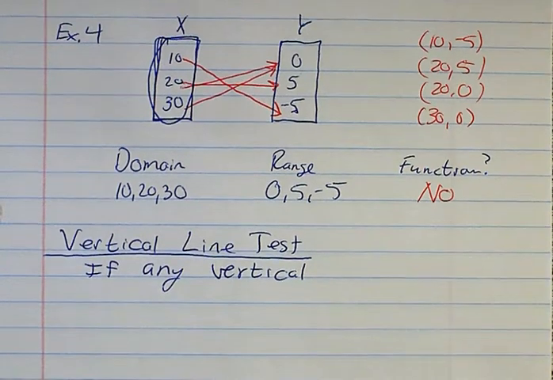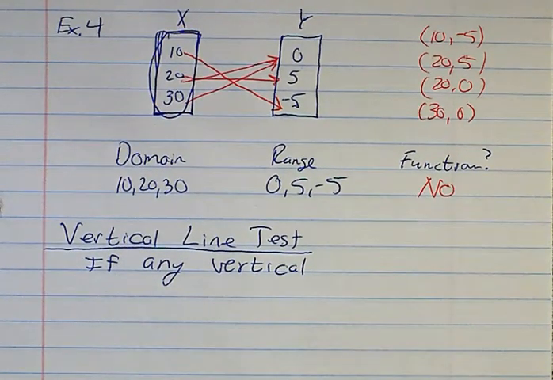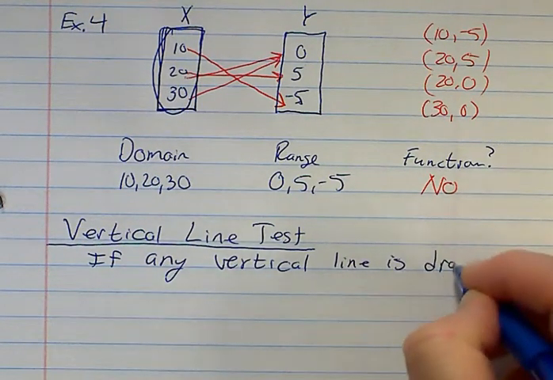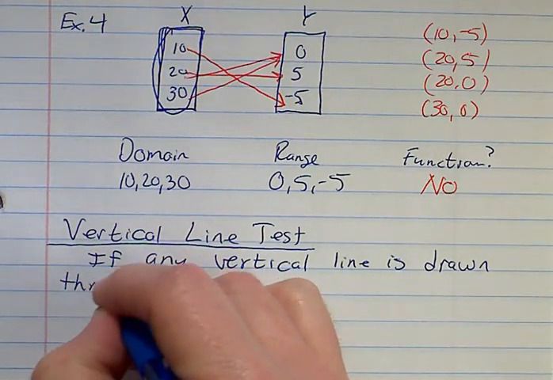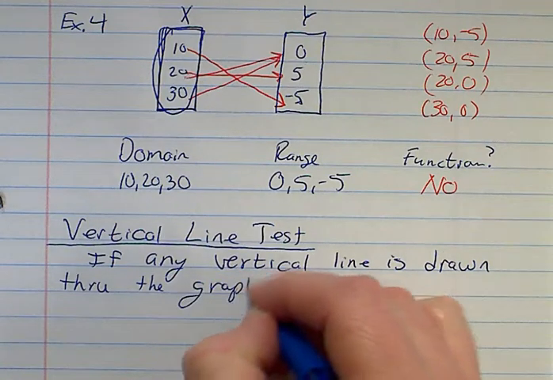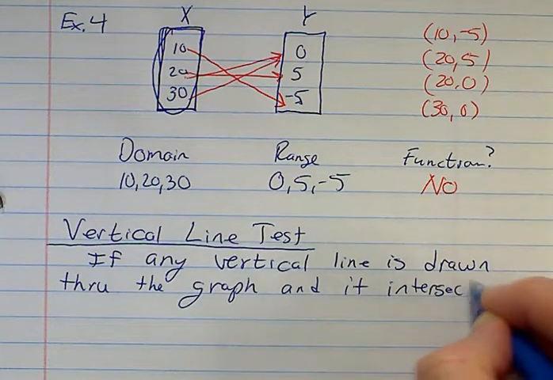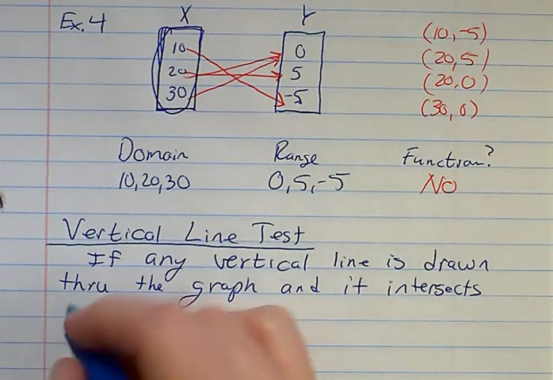Here's what you're going to do. If you can draw any vertical line through the graph, and it intersects, again, intersects is just a fancy way of saying it touches the graph.